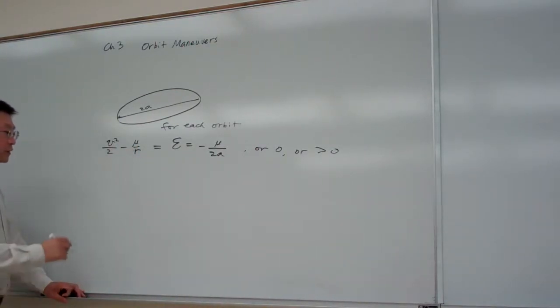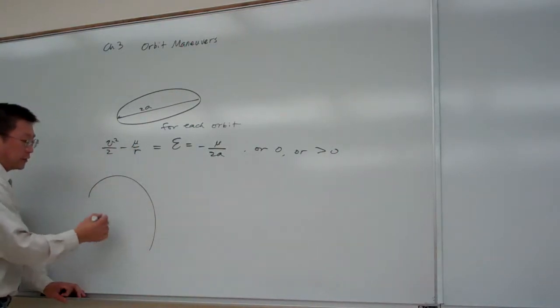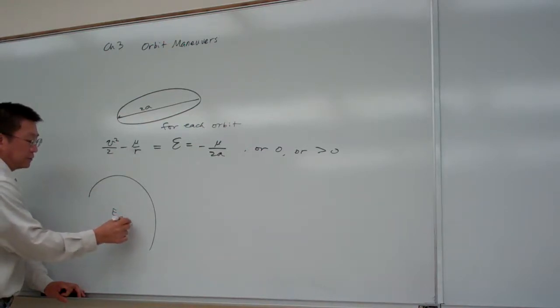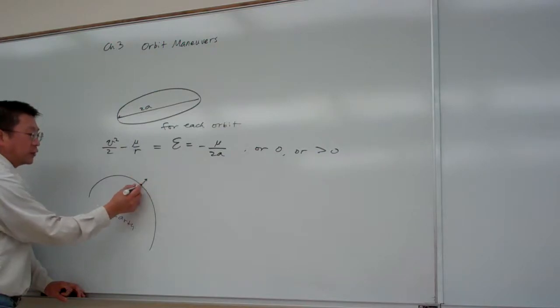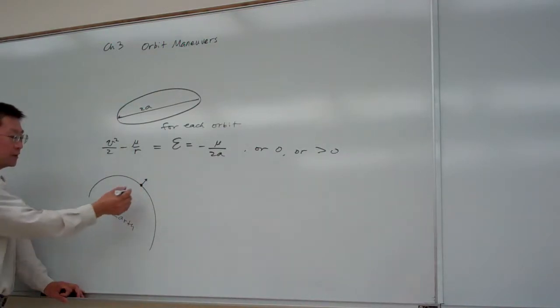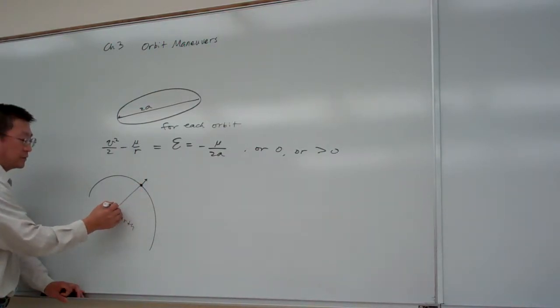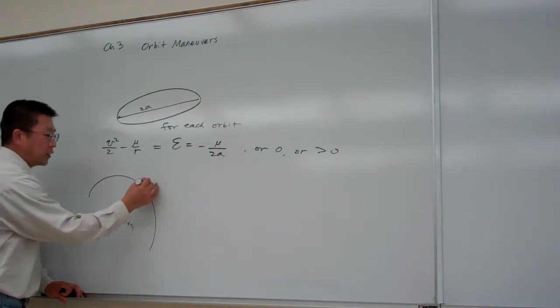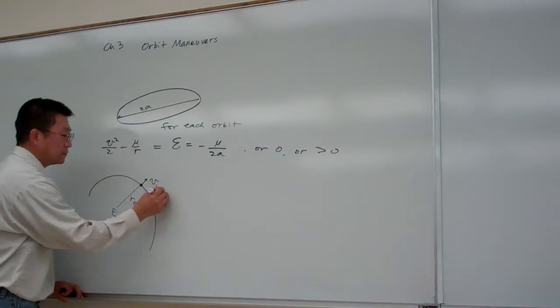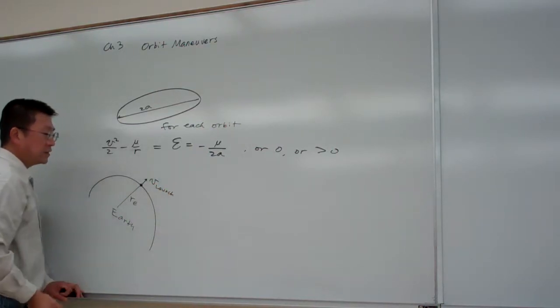So for example, here we consider this is the Earth, and this is a certain launching site. At the launching site, this is the radius of the Earth, and we say the launching velocity is v.